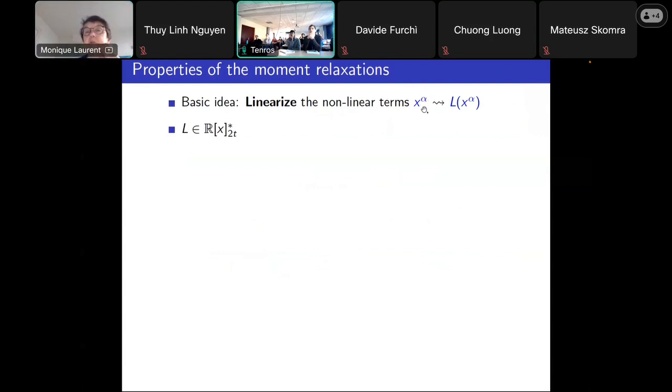And to linearize, you look at the linear functional L acting on polynomials up to degree 2t, and then you replace X to the alpha by L of X alpha. In the slides of yesterday by Bernard, it amounts to introducing a new variable Y alpha. Here I didn't introduce the names of the new variables. For me, the name of the new variable is L of X alpha. It's L evaluated at X alpha.